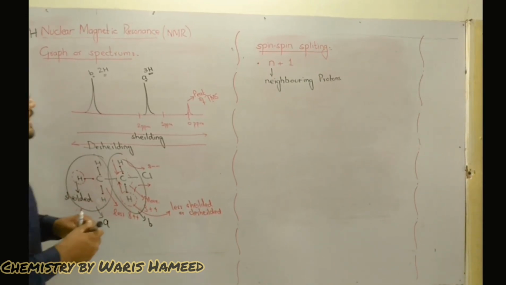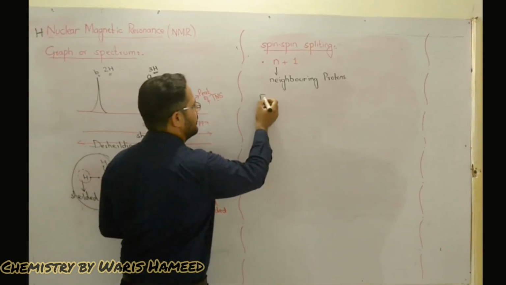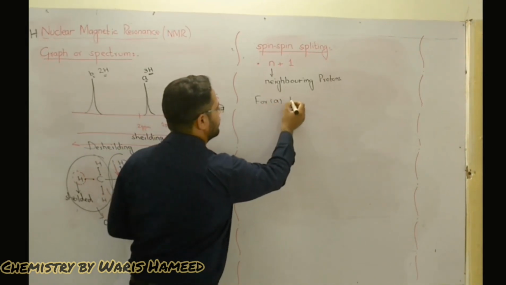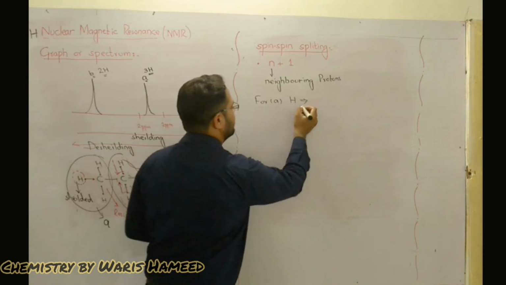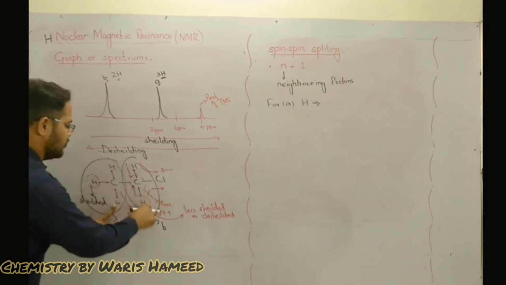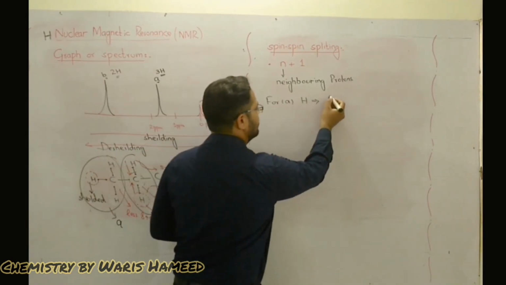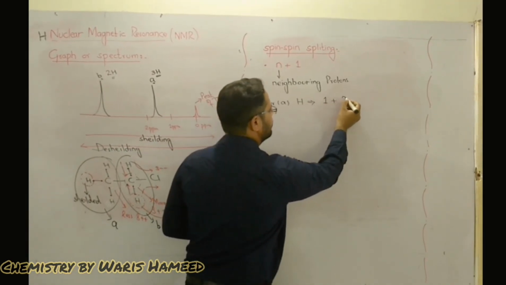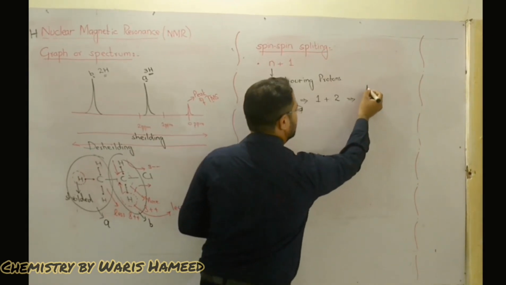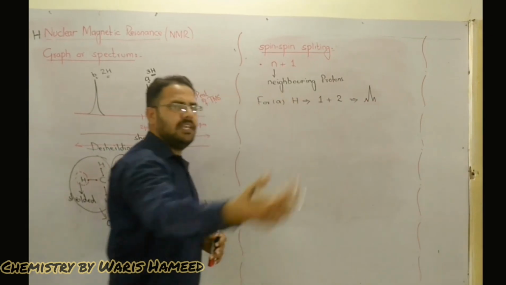So for A proton, it will be 1 plus 2, so its peak will be divided into 3 sub-peaks.